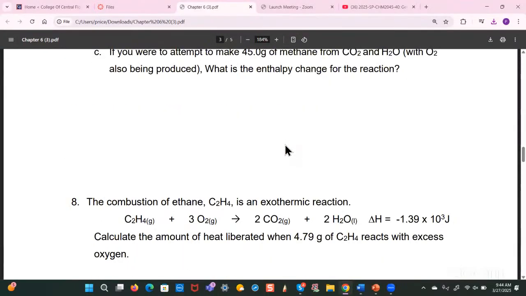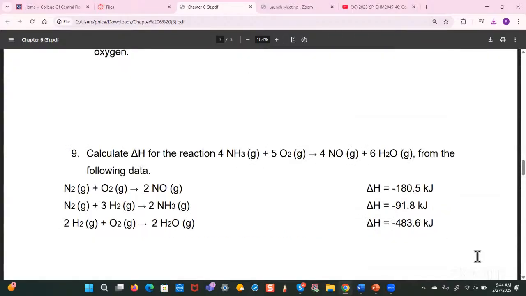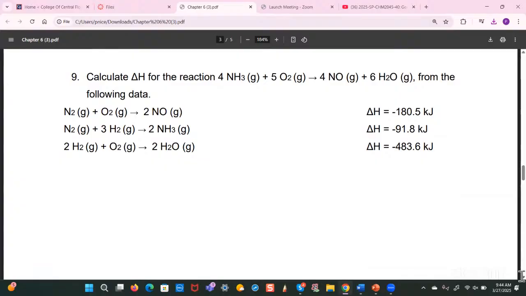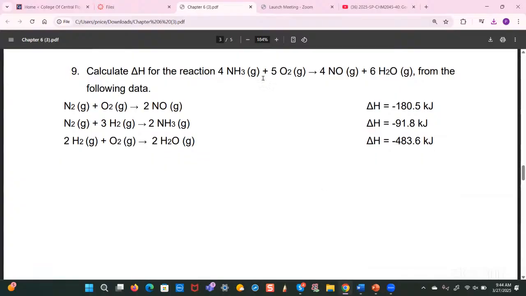Okay, so number 9. It says calculate delta H for this equation, so they gave you the equation here, and they gave you the different equations related with your corresponding delta H values.